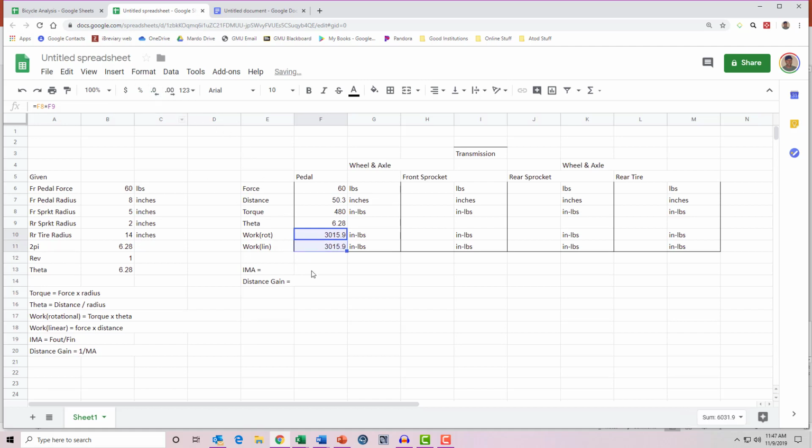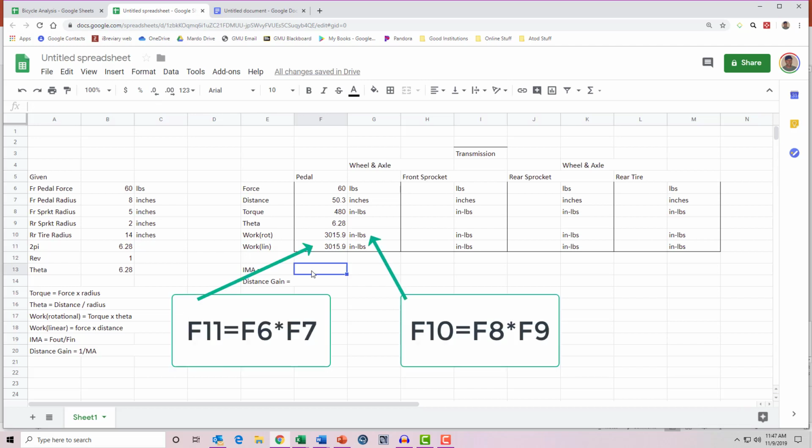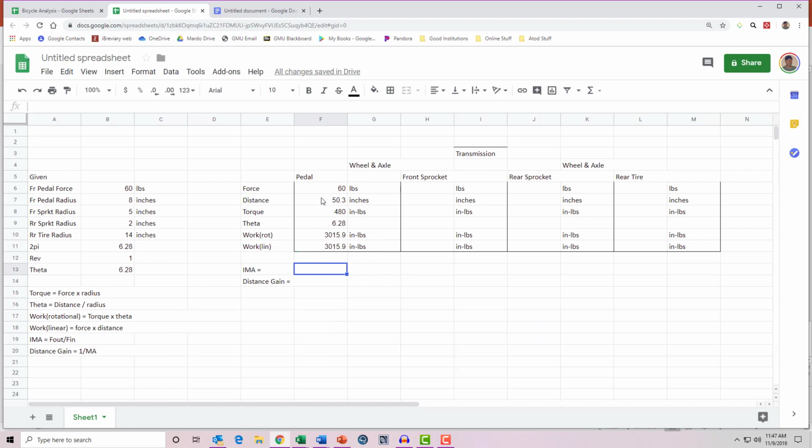Okay, so now what I want to show is that from the wheel and axle, remember we said before that torque and theta remain the same, but the force and distance will change on the wheel and axle. So right here I can just simply say the front sprocket theta equals the rear sprocket theta, and torque equals torque.